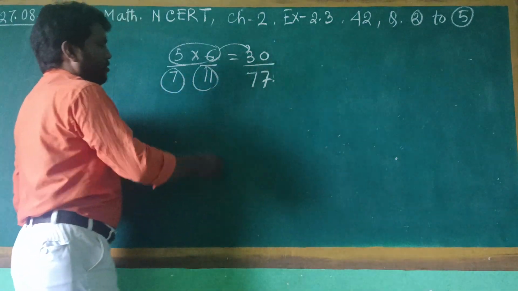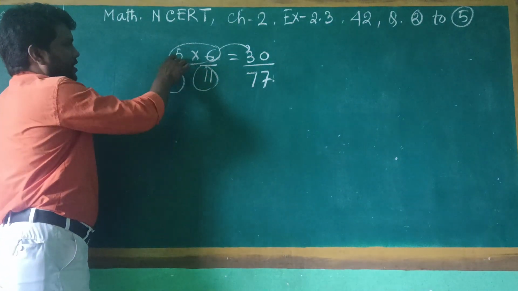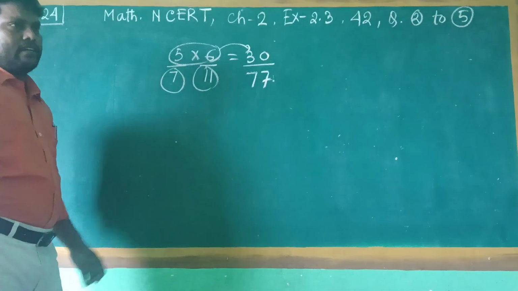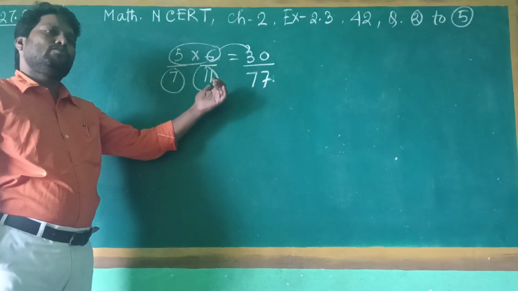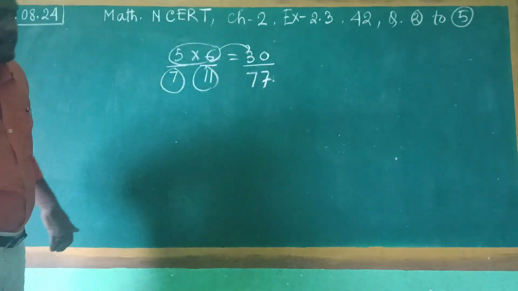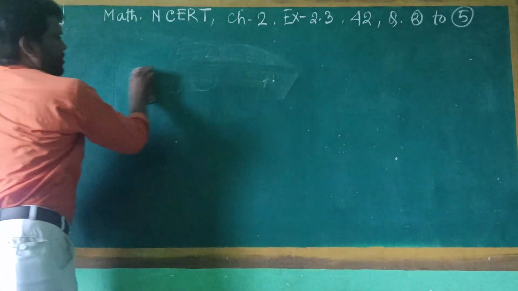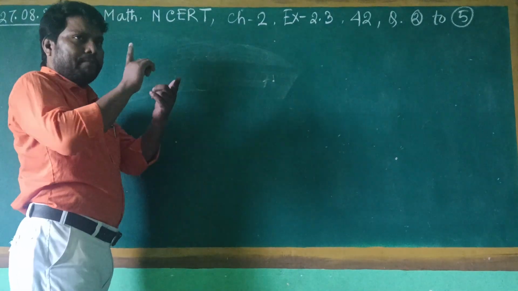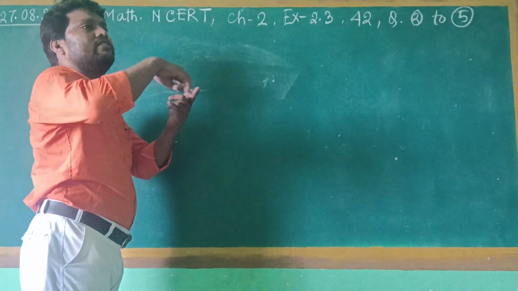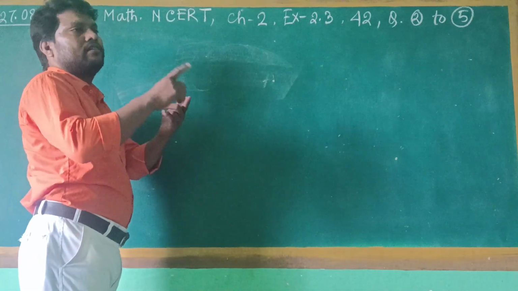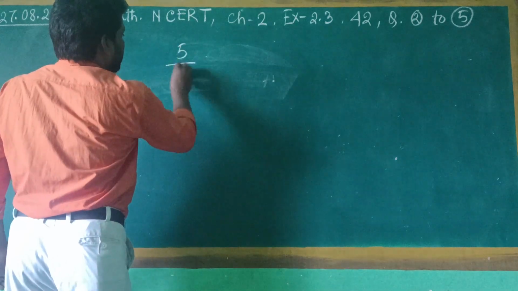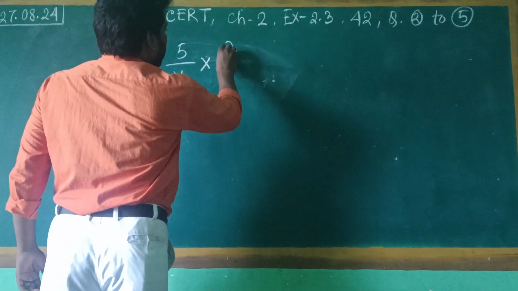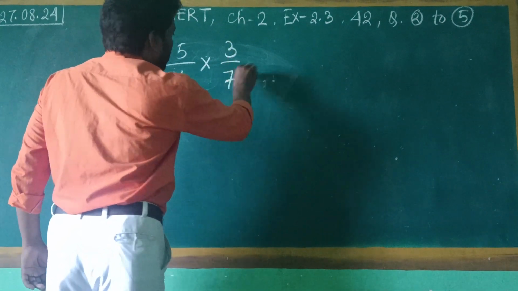Suppose after multiplying or before multiplying, if any numerators can be reduced with the denominators, then you can do that. I am giving another example. Multiplication of fractions means multiply numerator with numerator, denominator with denominator. 5 divided by 11 into 3 divided by 7.